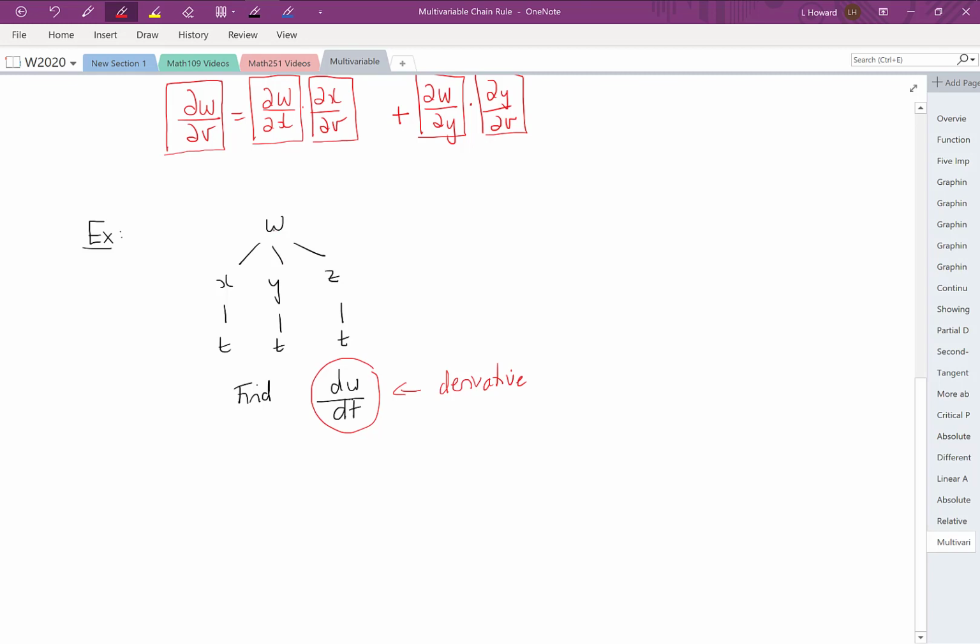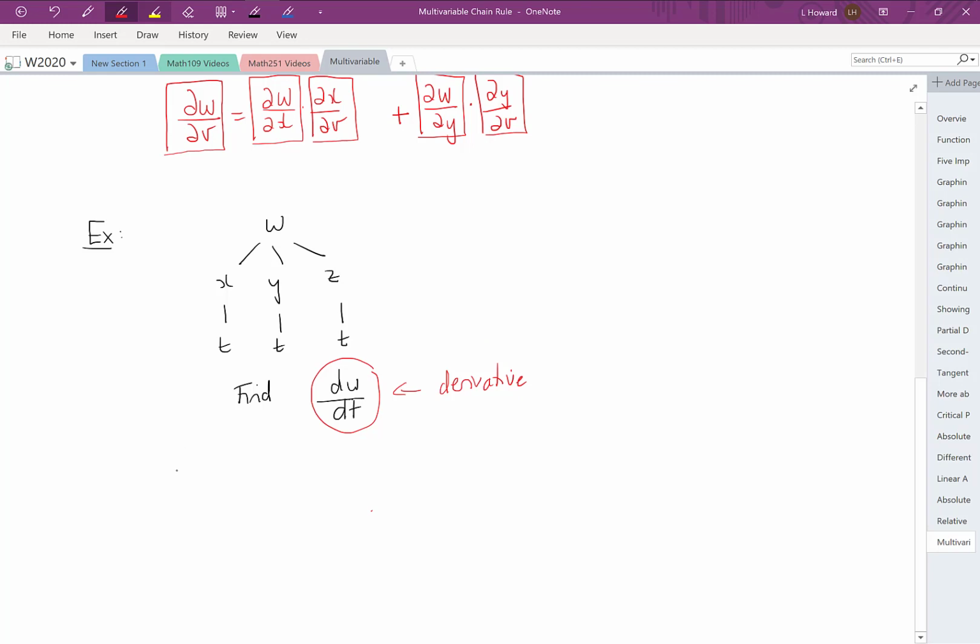The reason is that w ultimately just depends on the variable t. There's only a single variable at this bottom level. By the time you express x, y, and z in terms of t, and then you express w in terms of x, y, and z, w would be fully given in terms of t.